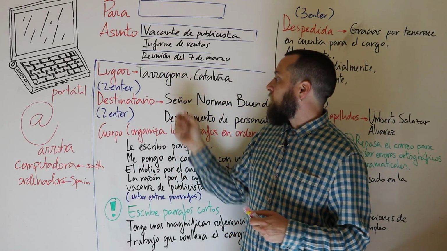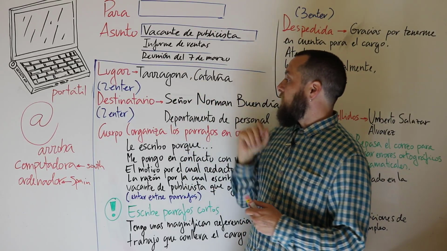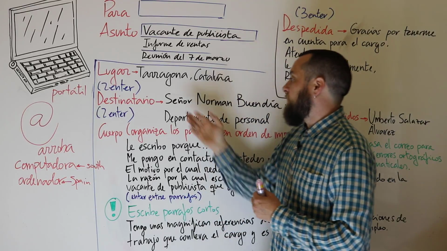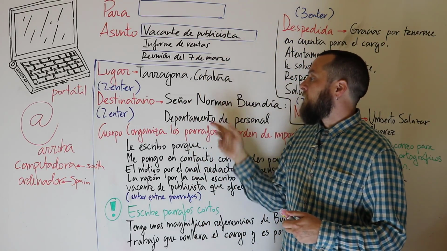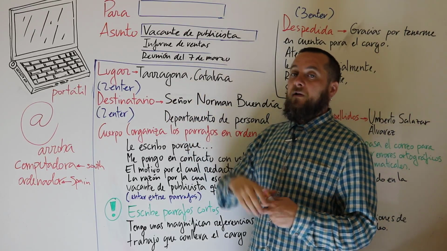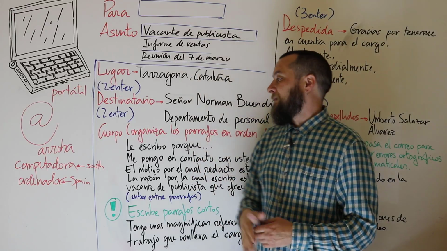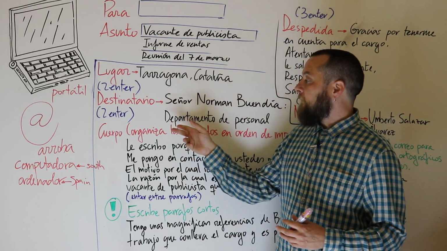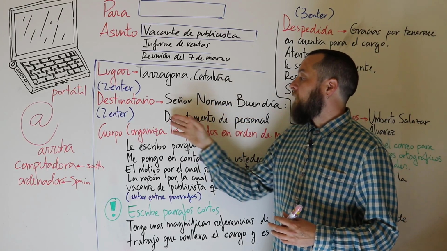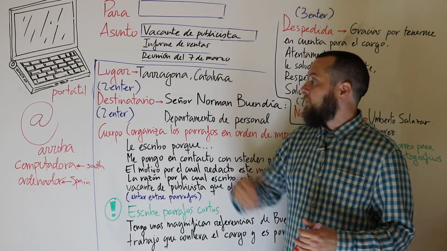In this case, I've written Señor Norman Buendía, okay? If this is the owner of the company and I want to speak with him, I write his name. If this company is big, probably they are going to have different departments, departamentos, decimos en español, departamento de personal. This is a department where people is hired, no? They hire people.